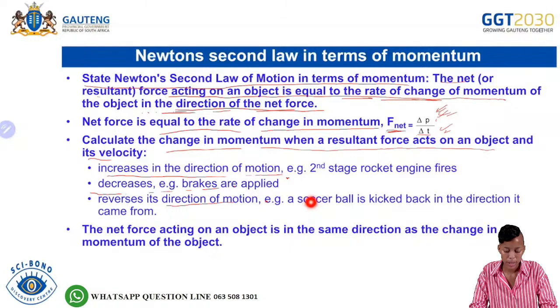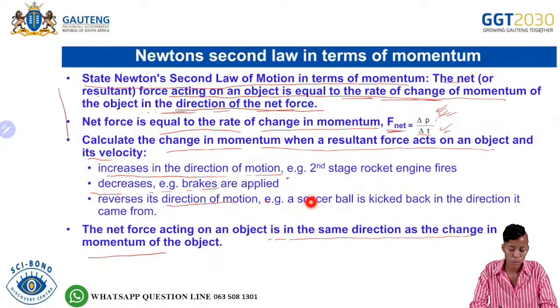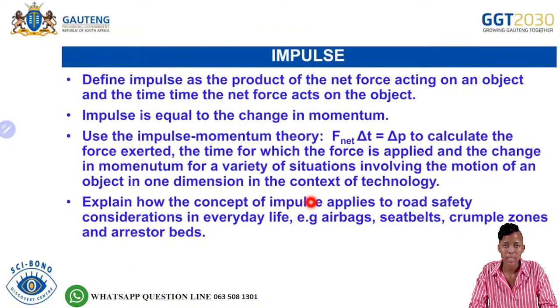And then it says the net force acting on an object is in the same direction as the change in the momentum of the object. So all of this we need to know under Newton's second law in terms of momentum, according to the examination guidelines.